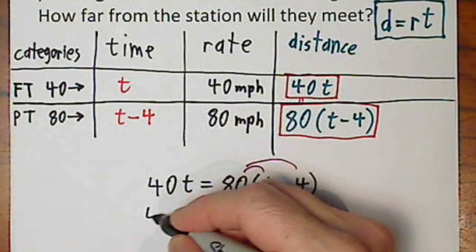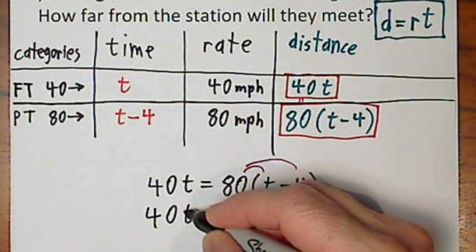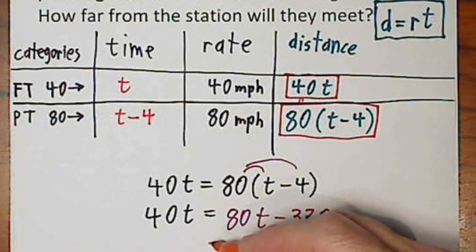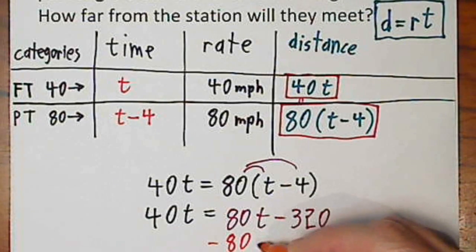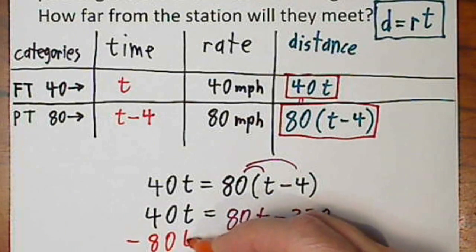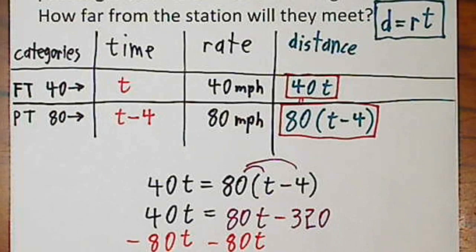Just bring down our 40t, and let's get rid of our 80t here. And take a look at what we have. So this is a negative 40t.